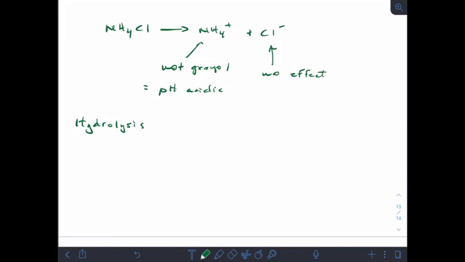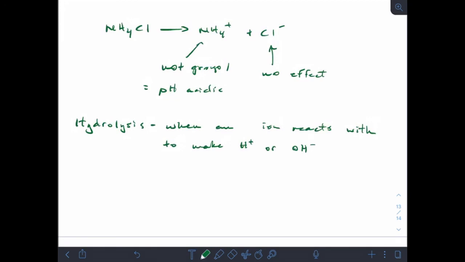Hydrolysis is defined as when an ion, could be a cation or anion, sorry, I misspoke, when an ion reacts with water to make H plus or OH minus.